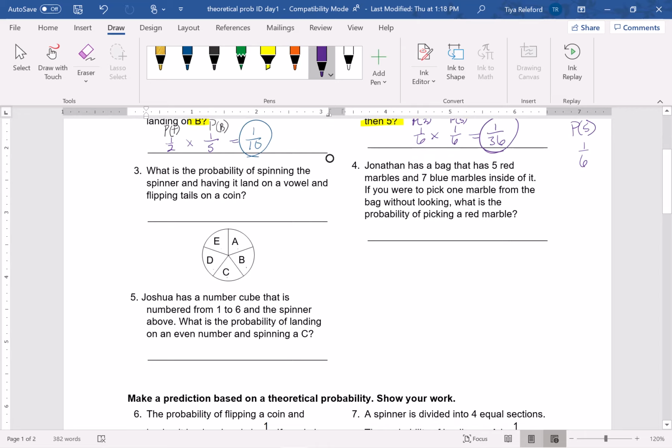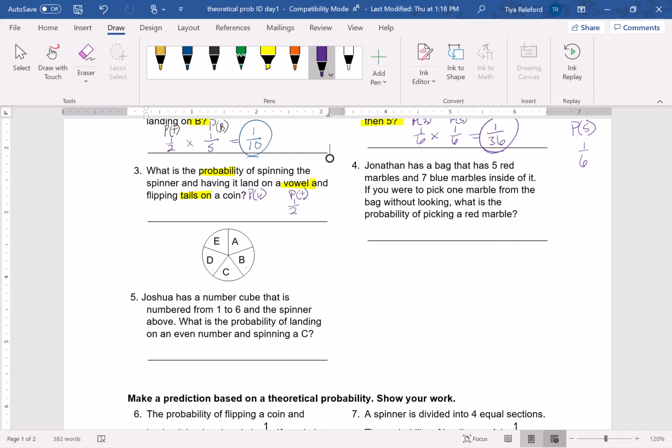Now, number 3 says, what is the probability of spinning the spinner and having it land on a vowel and flipping tails on a coin? So I need the probability of a vowel and the probability of tails. Up here, we said probability of tails was 1/2.